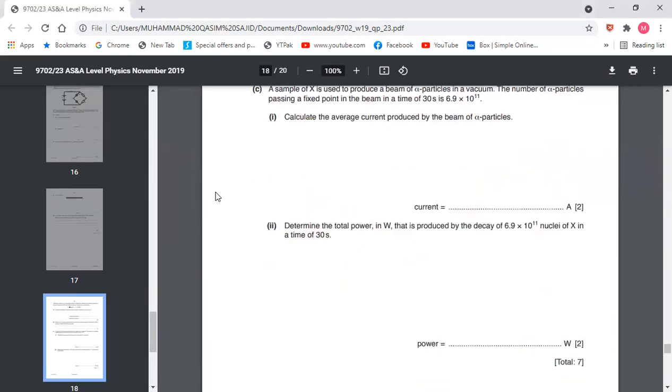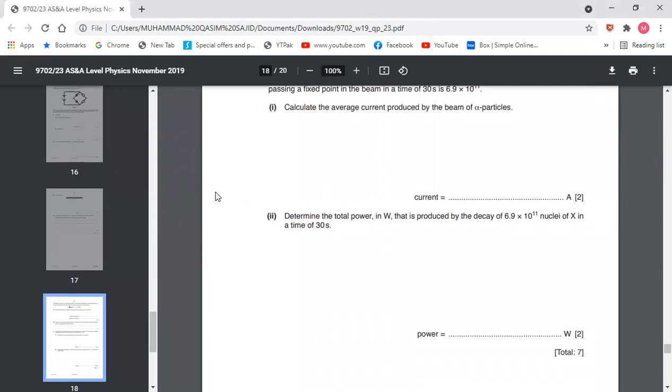Now to determine the total power in watt. So how to find total power in watt? P equals VI?